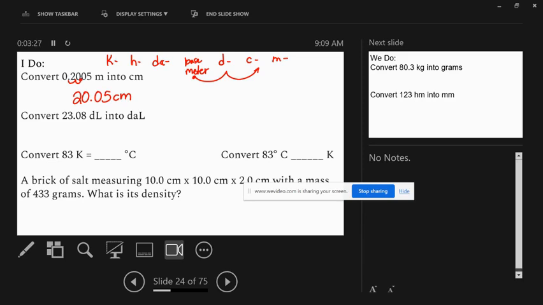All right, let's look at this now. If I change this over, and this time I'm going from DL to DAL. So my liter is my base unit in this case. I'm moving from here. I'm going to go 1, 2 spots. This time my decimal is going the opposite direction.